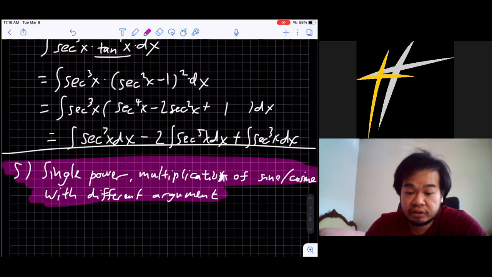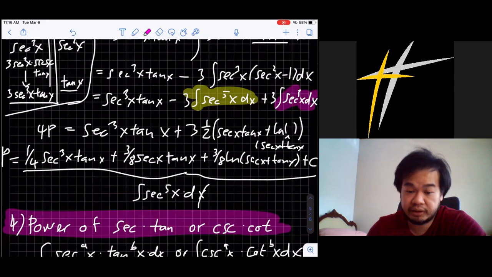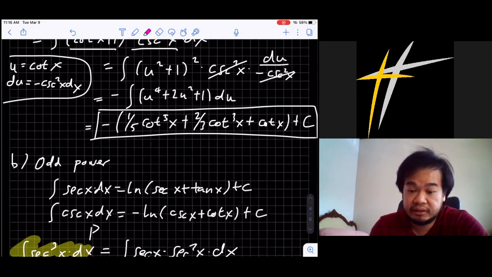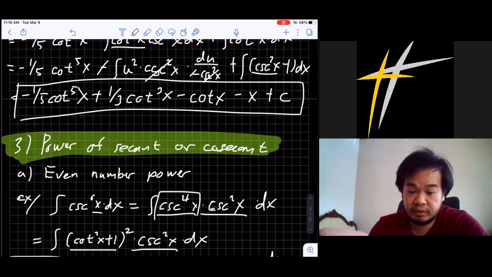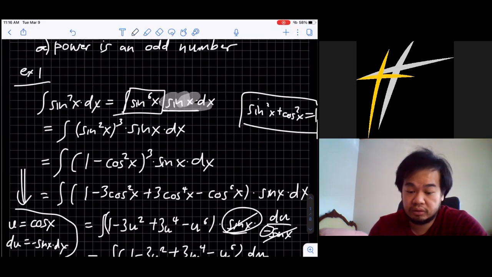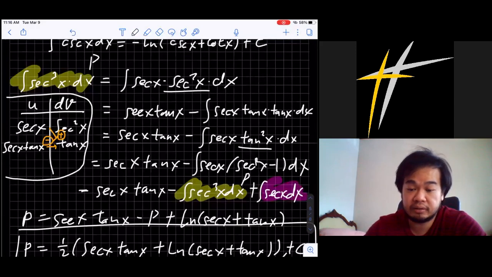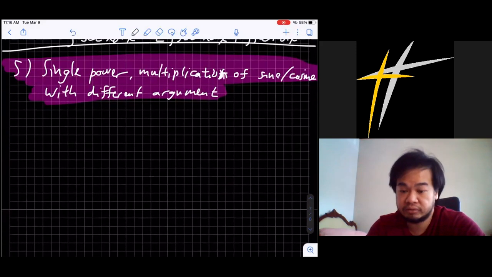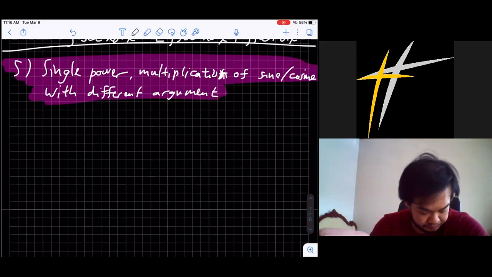In the first 4, all the arguments are the same, right? Either x or 2x or 3x or 4x. See, it's x. So yeah, it's all the same argument, whether it's x or 2x or 3x. Now, what if it's different?